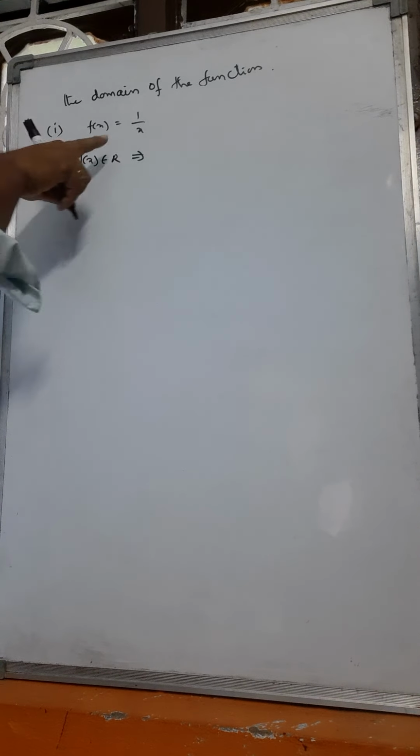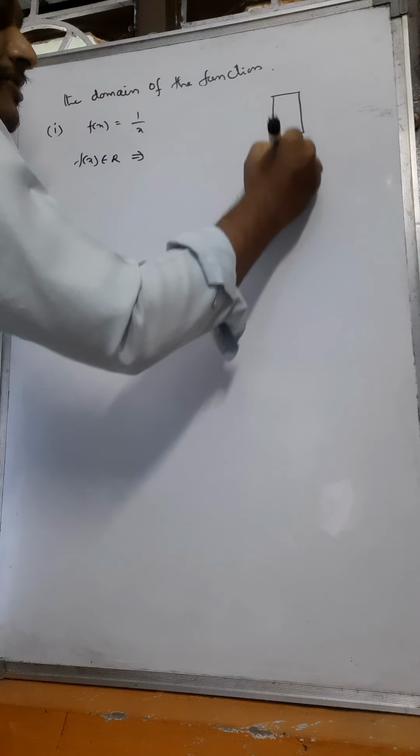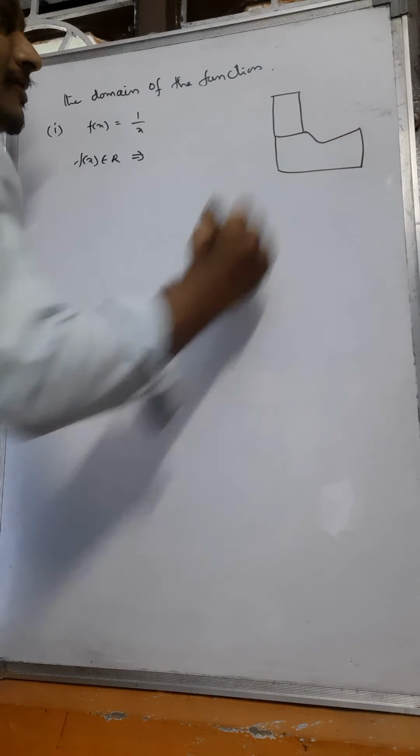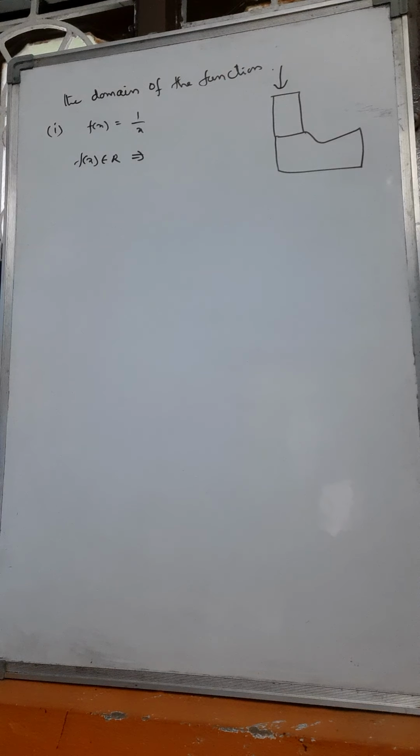Here, what are the variable values for x? Now we have to find the domain. Let me take a mixer grinder. If you put apples, we will get apple juice.